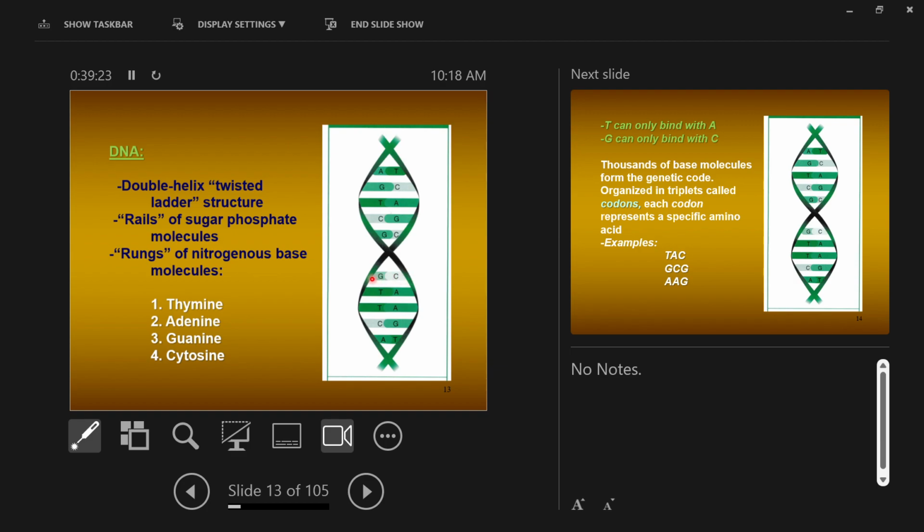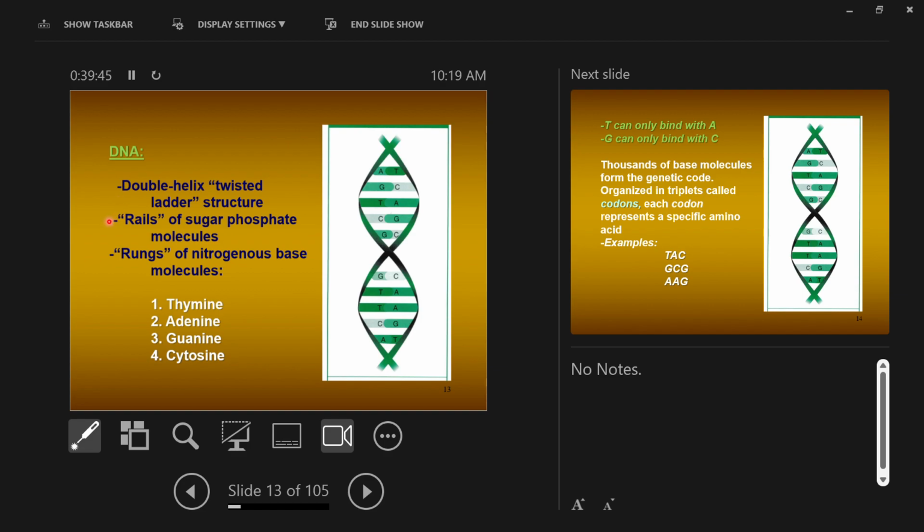Often we refer to the vertical part of the DNA as rails, and the horizontal part as a rung. Double ladder or double helix, twisted ladder structure. The twisting allows us to pack lots of information into a small space.